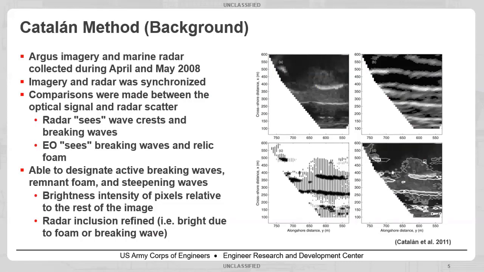So the radar is able to see the wave crests and the waves breaking, whereas the imagery was able to see the breaking waves and the relic foam. Because we have that shared overlap between the breaking wave of those two mediums, we're able to find that specific point of interest. And whatever the optical sees that wasn't the breaking wave would be the relic foam, and whatever the radar sees that wasn't the breaking wave, that's the wave crest that's steepening.